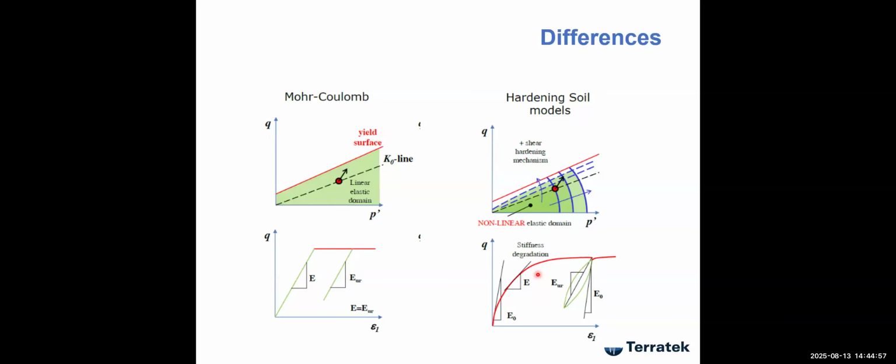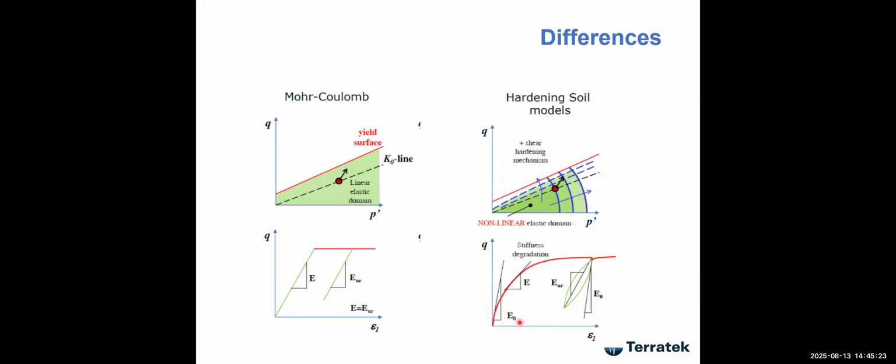It changed everything. Up to date, I use this a lot. What's the difference? The difference is that while the Mohr-Coulomb constitutive model is like this, the hardening soil model uses a hardening hyperbolic model, which was developed long ago by James Duncan in America.